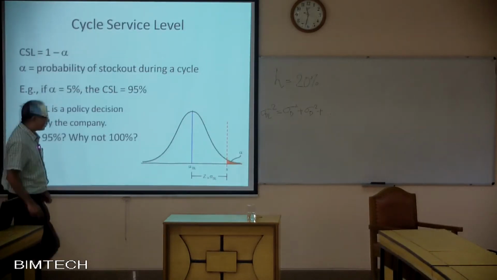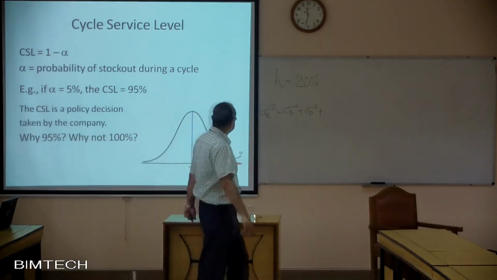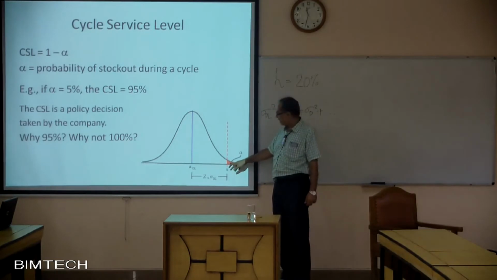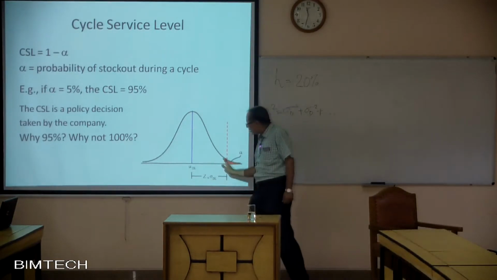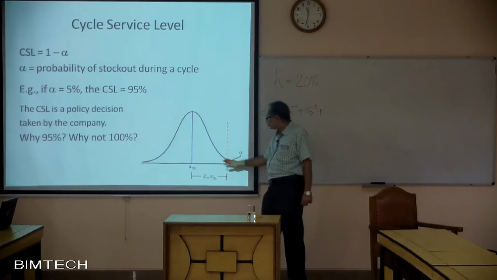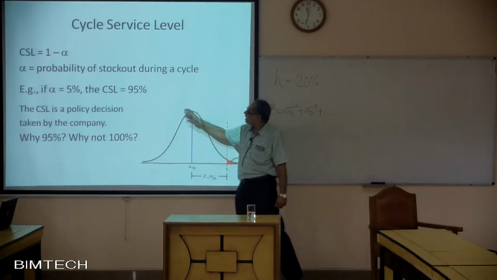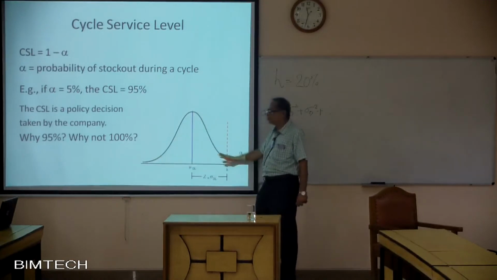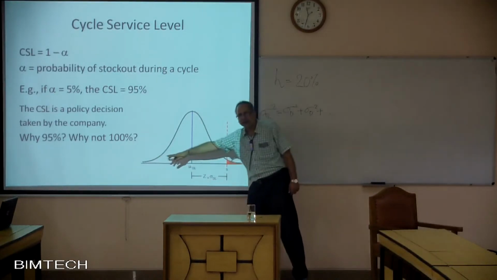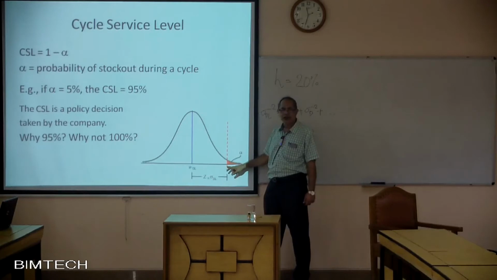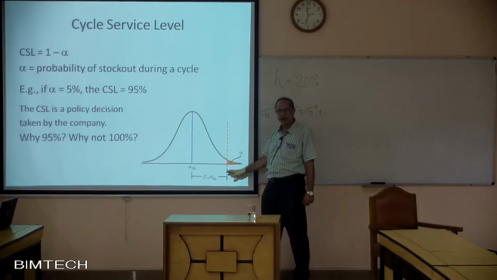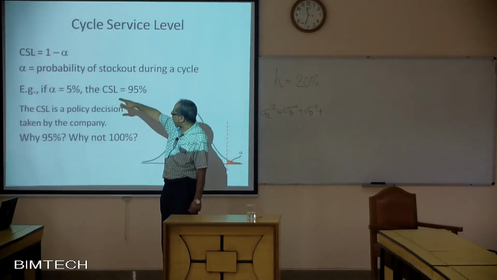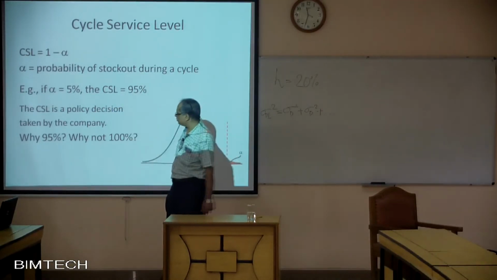So here we are, cycle service level. I had said that alpha is the probability of stock out, and therefore what is 1 minus alpha? 1 minus alpha is this area which is not shaded, and that is my CSL. So CSL actually represents the cumulative probability from minus infinity till this value, and so if alpha is 5%, then obviously my CSL is 95%.